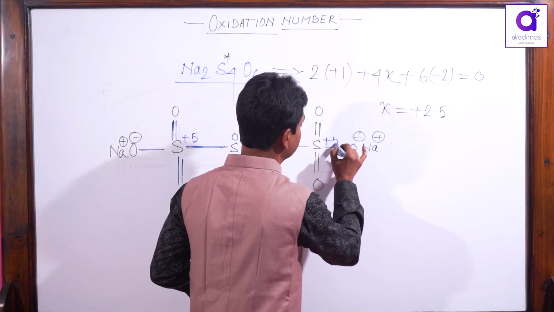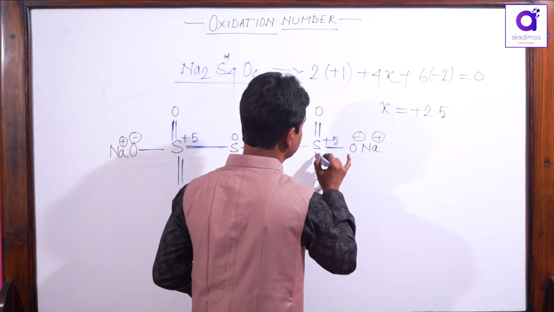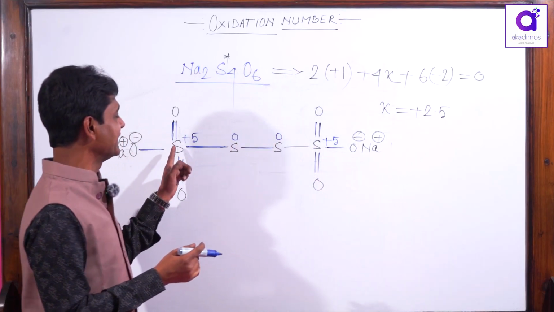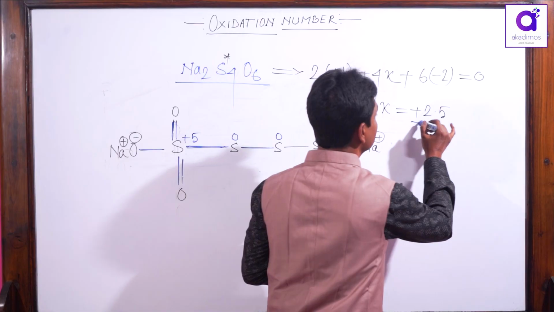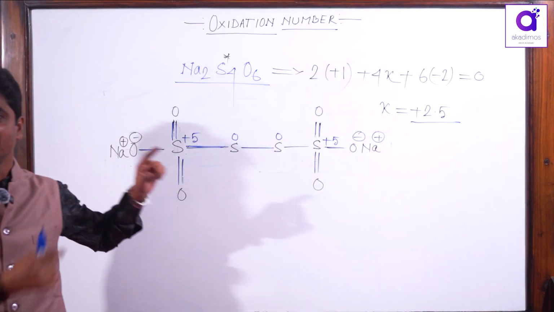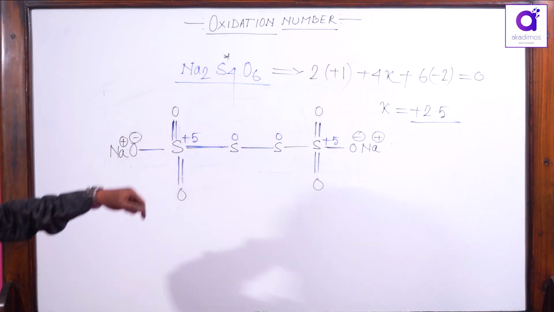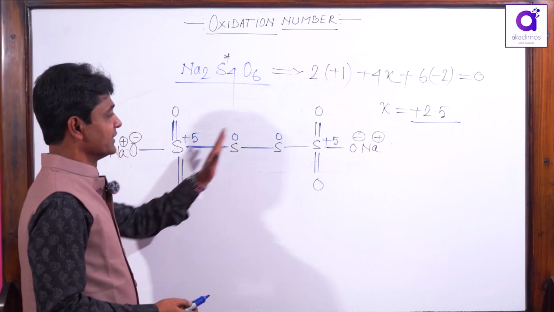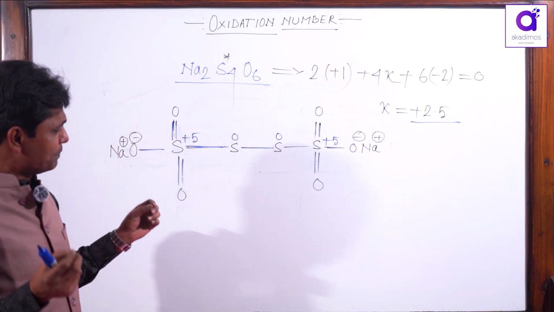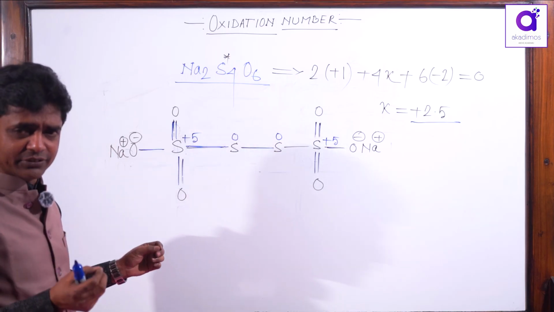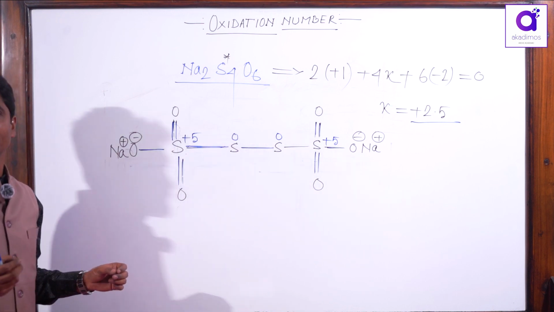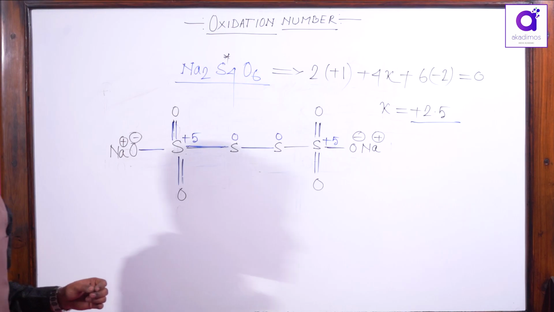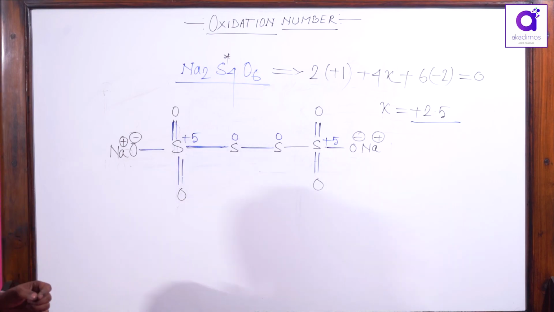This is plus 5, 5 bonds with oxygen. Now the total is 10, and if you do the average divided by 4, that's why you got plus 2.5. That means very simply, easily you will get the oxidation number of different atoms if you know the structure of the molecule.